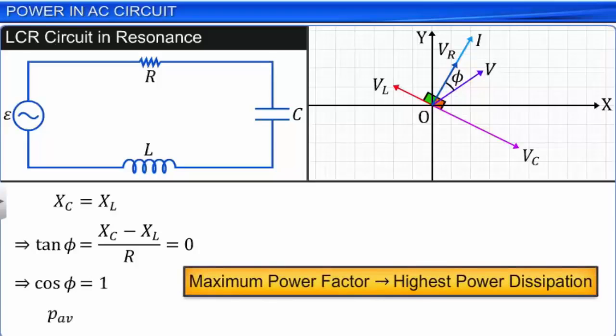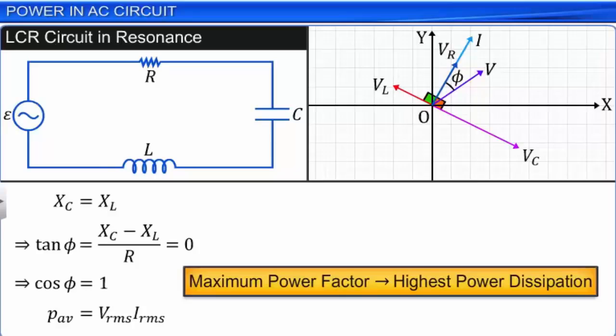To improve the power factor of a circuit, we often introduce an appropriate capacitor or inductor to cancel the predominance of the other in the circuit, thereby letting the impedance Z of the circuit get closer to the resistance of the circuit. Thereby, we can have Z equal to R, which implies that cos phi is equal to R by Z, equal to 1, which is the power factor at resonance.